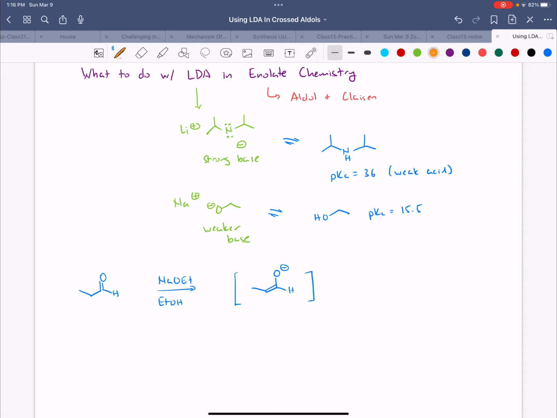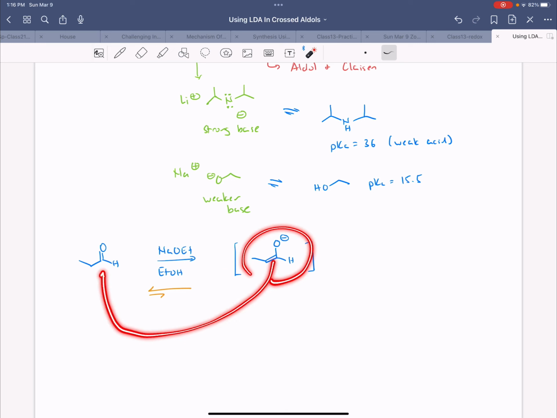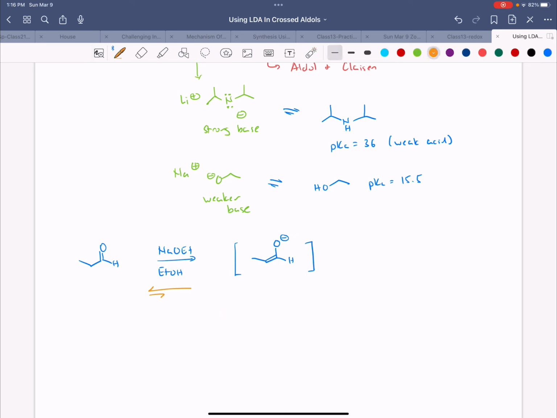Like that. Okay, so yes, the majority is still the non-enolate, but whenever you have some enolate, that enolate will attack the non-enolate to give you your aldol product. So eventually you'll have this.